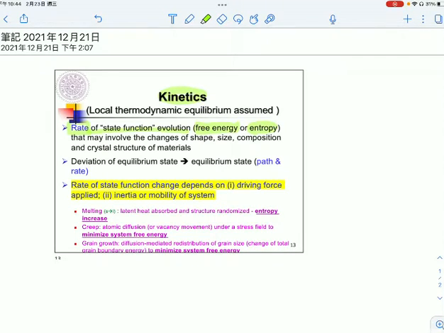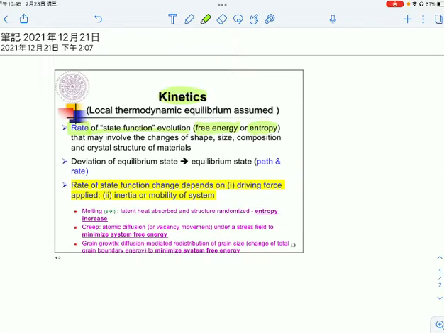These two state functions. And the rate of state function evolution may involve the change of shape, size, composition, or crystal structure of materials.